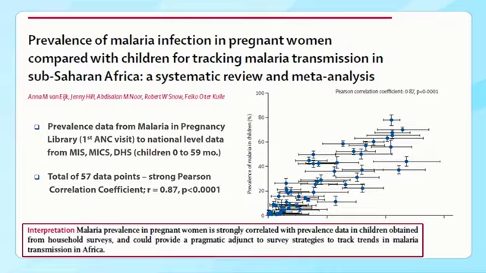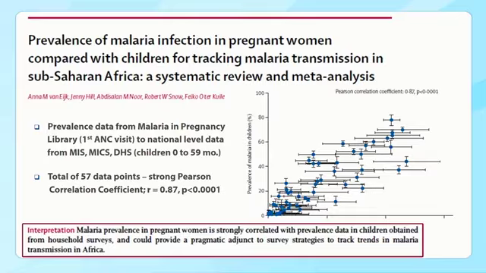And for those of you who are not familiar with this, it's a test of a strength of a linear correlation between two variables, where in this setting of a positive correlation, it would be the strongest correlation you could have. And anything pretty much above 0.5 or so we would consider a strong or a large correlation. In this setting, they found that malaria prevalence in women attending ANC visits was highly correlated to community infection prevalence in children less than 1 year old.